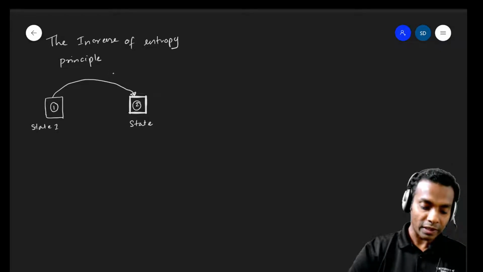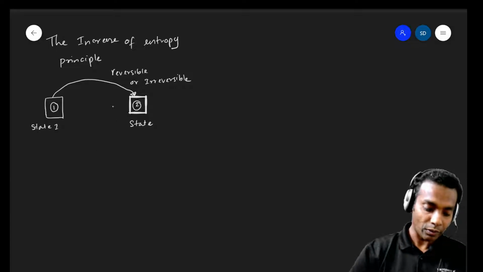Let's say it could be reversible or irreversible. We don't know what that is.